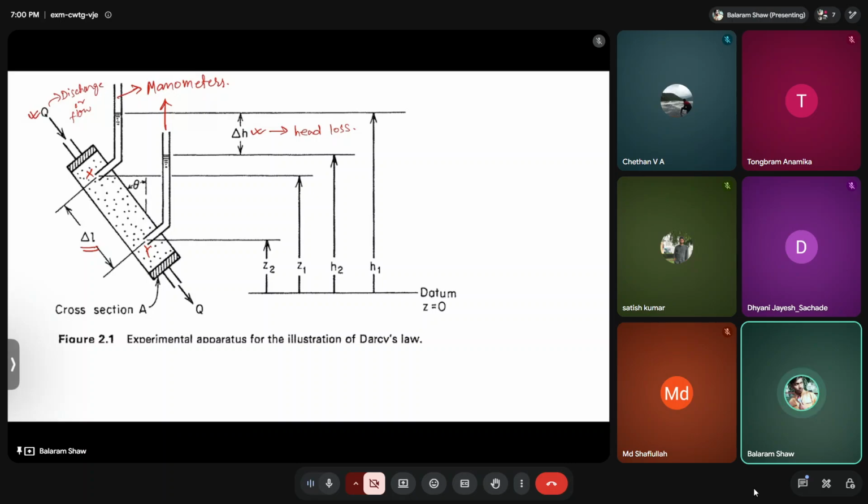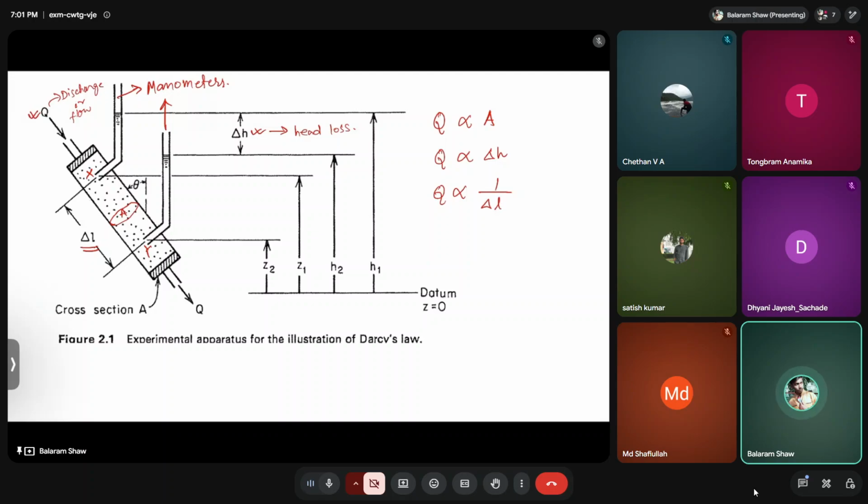Okay, so if you consider the cross-sectional area as capital A, then according to Darcy's law, the flow or discharge is firstly proportional to the area A, the cross-section area. The discharge is proportional to the head loss, and inversely proportional to the length.